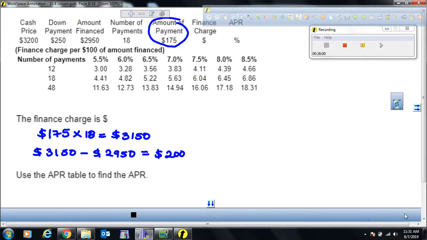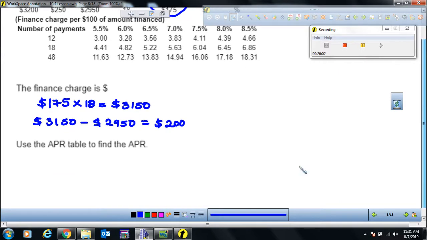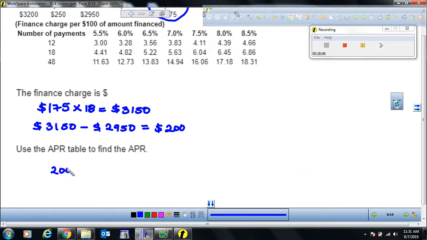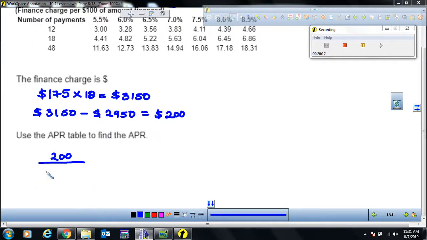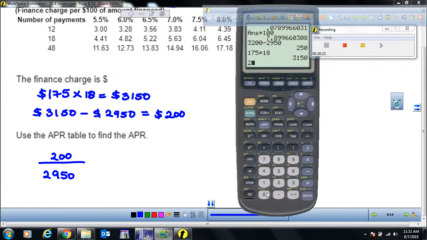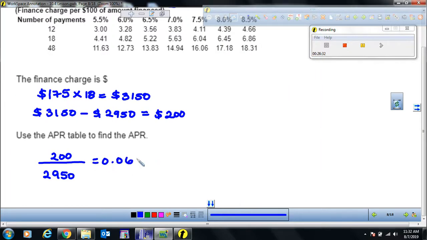So the finance charge, which is 200, over the amount financed, which is $2,950. Whatever you get out of this division, which is going to be 200 divided by this, I'm going to copy all the decimals you see there: 0.06779661017. Then I still need to multiply this by 100.